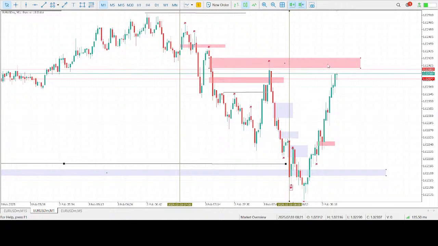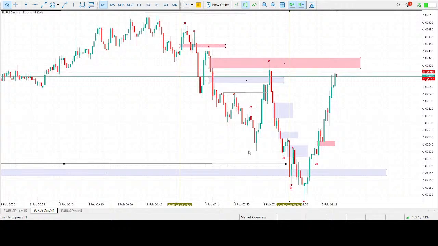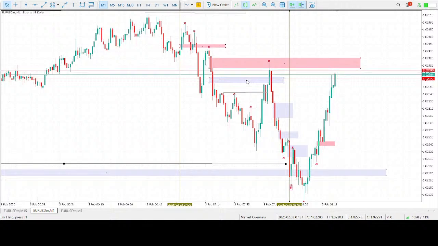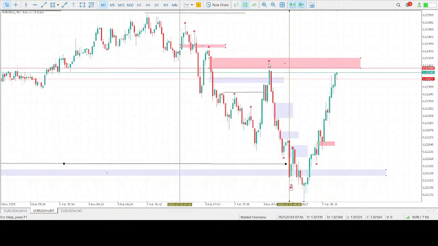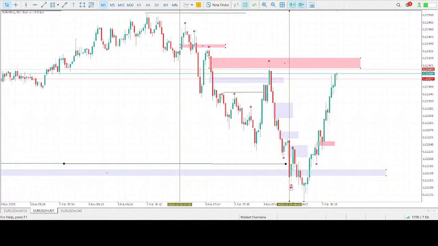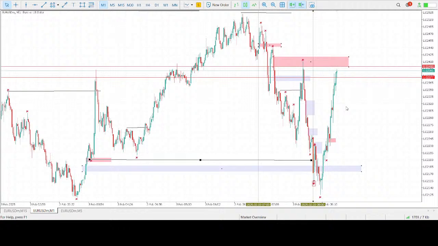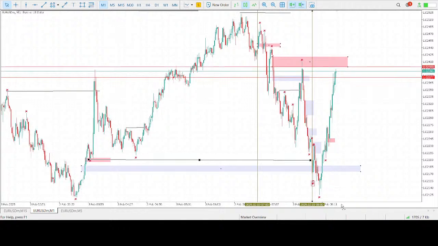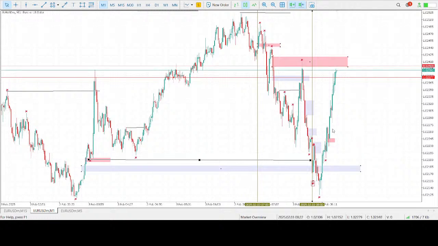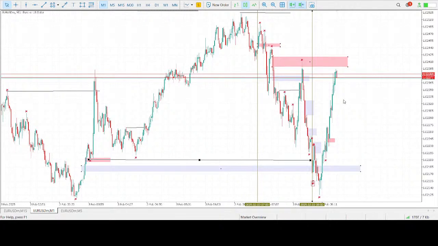Now we monitor this fair value gap, of course, but this one has been taken out, so we can change it as well to this. So we'll start considering price moving to the upside now, and given that it has collected liquidity, we will see how it gains energy to take this out. But there is still a possibility, there is heavy liquidity down this side, so we consider how it moves, then see.